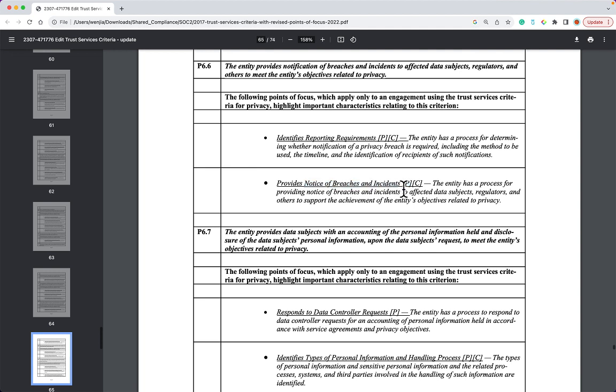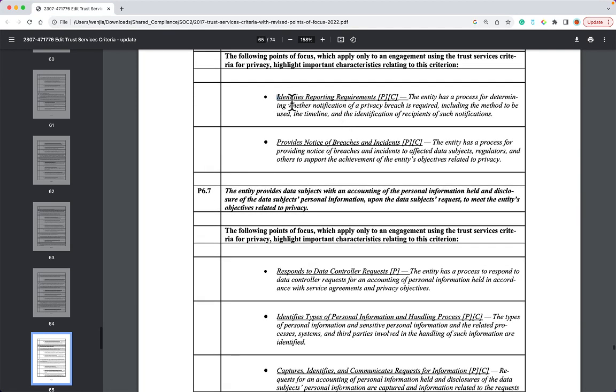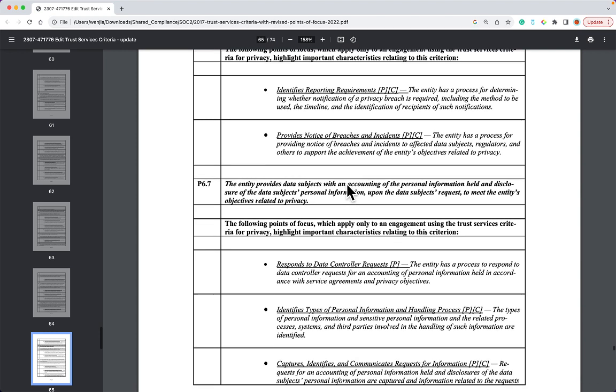So if any breach happened, you have to tell your data subjects and you have to tell the regulator and any stakeholders. So how are you going to report? You have to figure out what kind of information should be included in this report. So you need to identify reporting requirements.